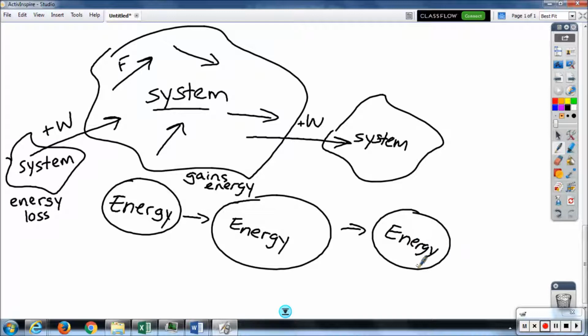So if any new energy enters into your system, you know that that was the result of work being done by an outside force. If you all of a sudden lost energy in your system, then you know that you must have been doing negative work, or you were doing positive work on another system. Okay, so if you do positive work, another system can be doing negative work, and that's how you might be losing energy.